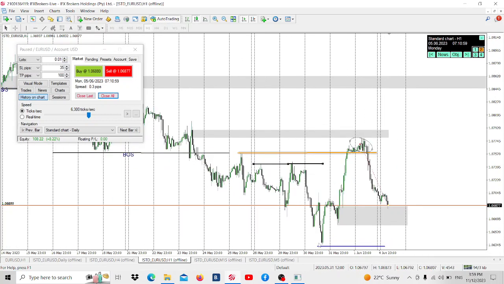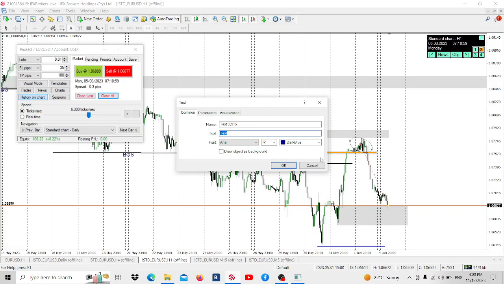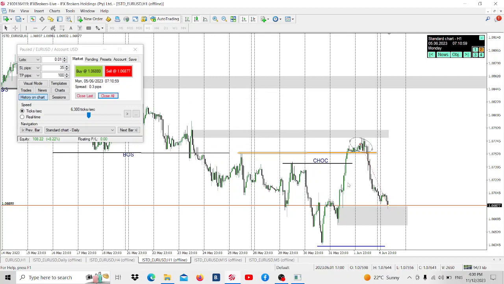And the chart can clearly see that now this was our change of character. We must be able to spot it before it happens. So what we can do, we can be a buyer here, right?